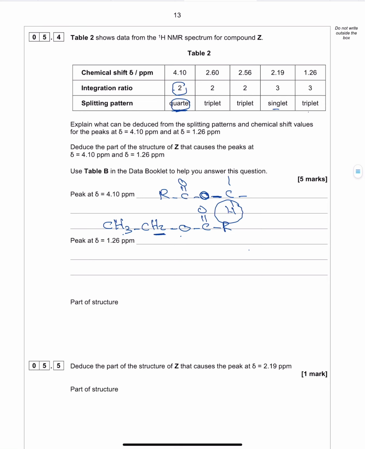Then looking at the peak at 1.26 ppm, when you refer to your data booklet, you're going to find that it's an R2CH2. This is referring to the data booklet, meaning it's coming from a proton that is next to a carbon, another carbon.